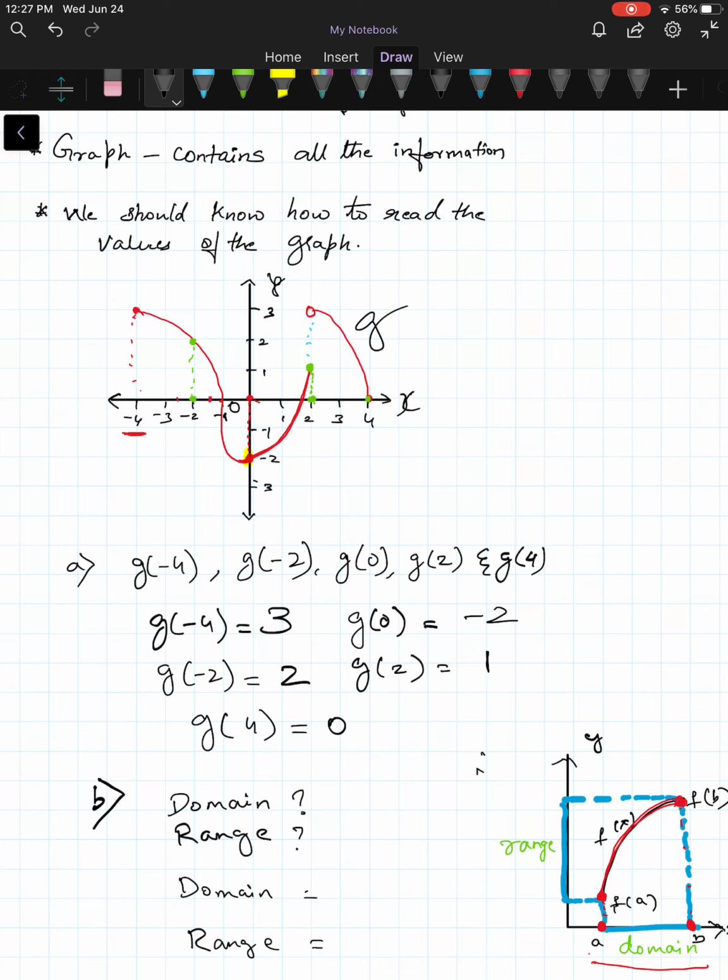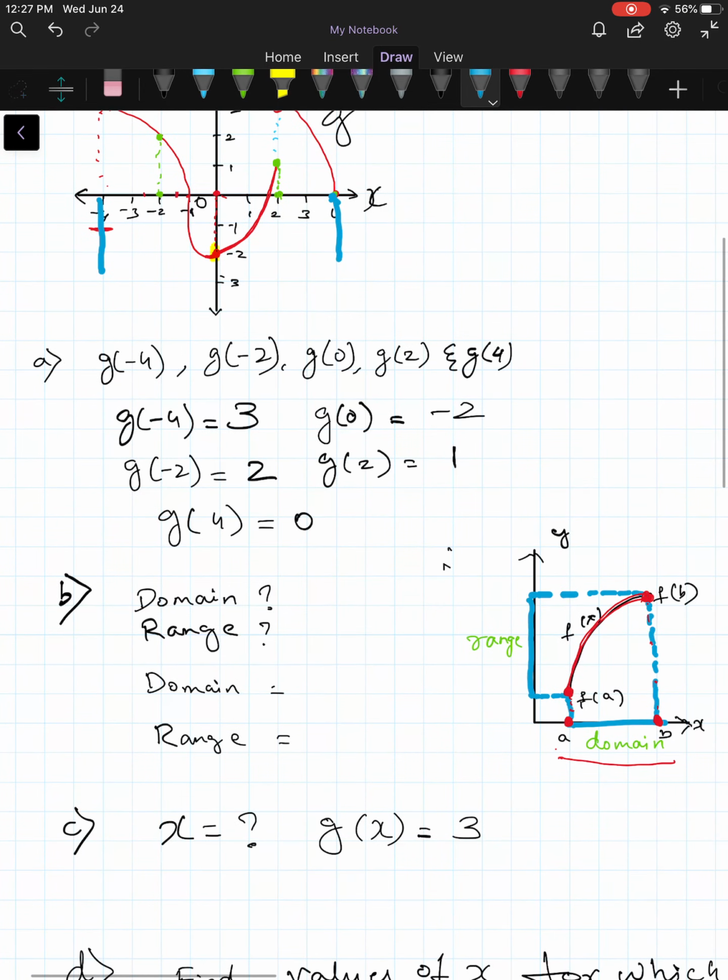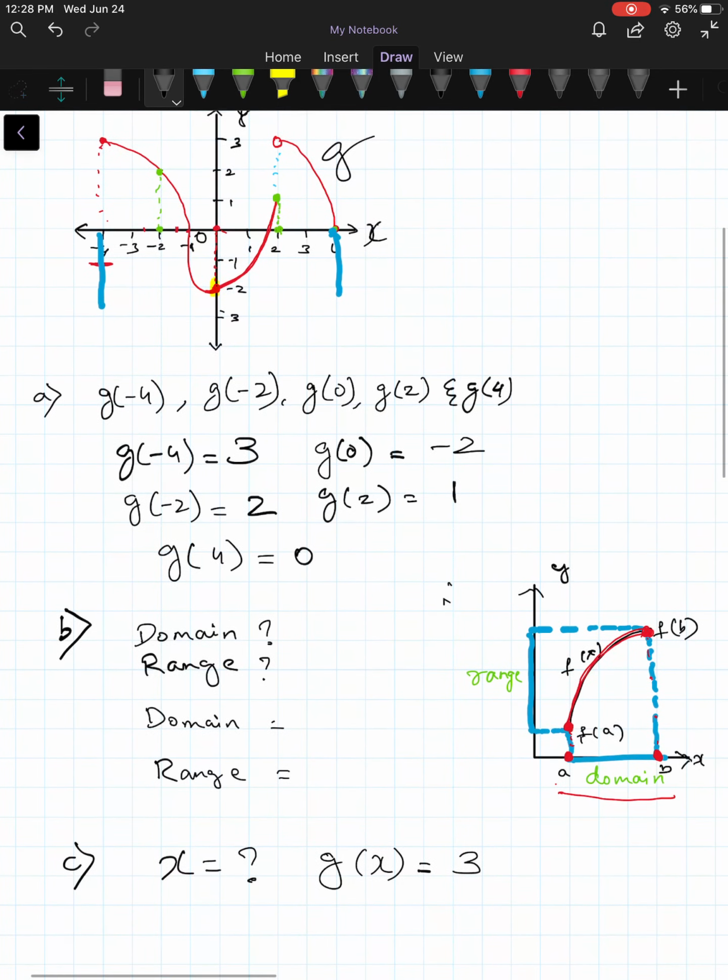As we move towards the left side of the x-axis, the function takes values from -4 to +4, correct? So the domain will be the closed interval -4 comma +4.